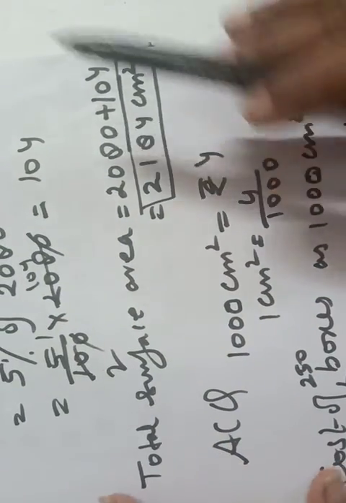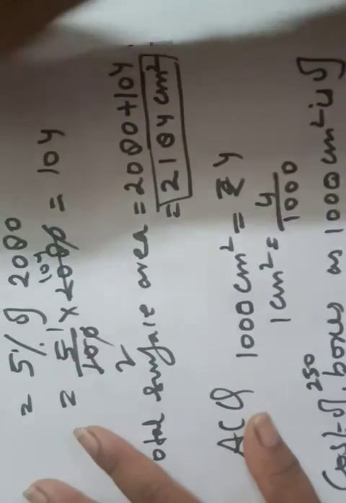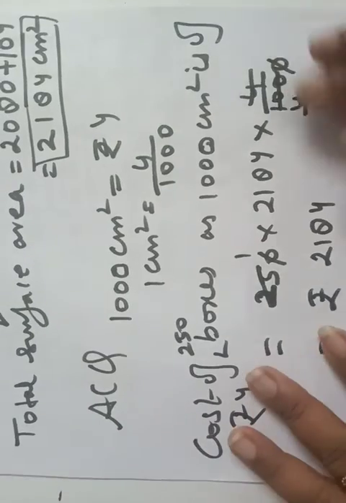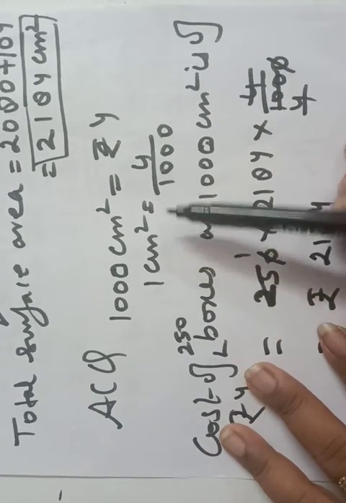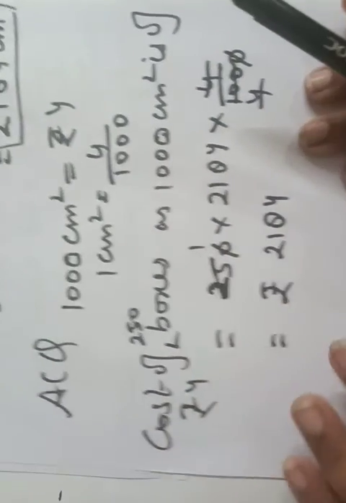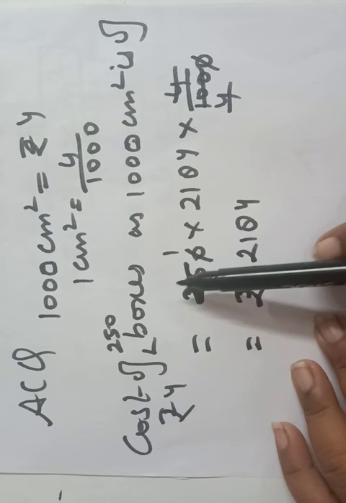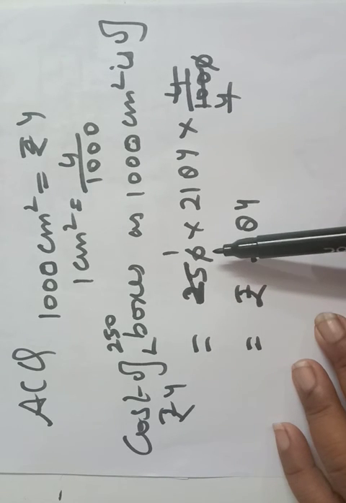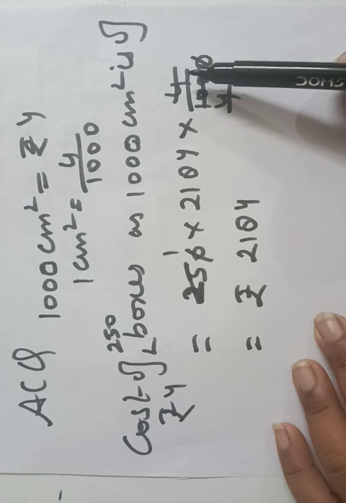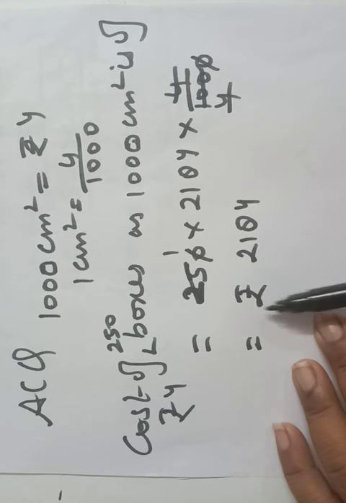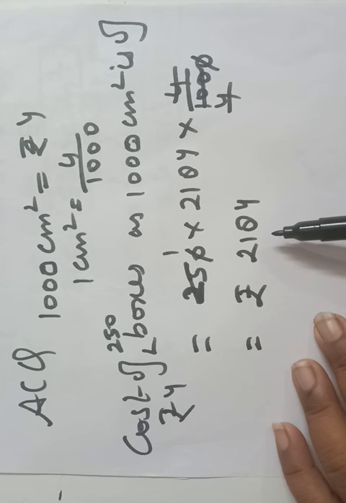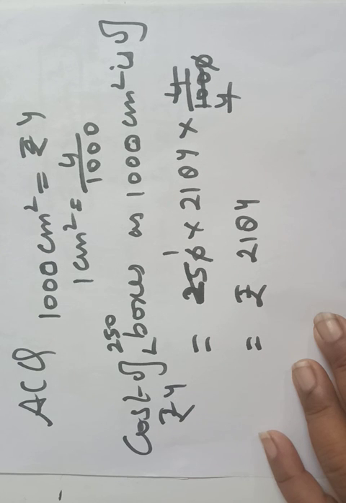Now we have the total surface area including overlaps also. Now the cost we need to find according to the question. 1 centimeter square is 4 upon 1000, and we need to find it for 250, so we multiplied by 250 into the cost per centimeter square. We have got this, rupees 2184. I hope it is very clear to you. Thank you.